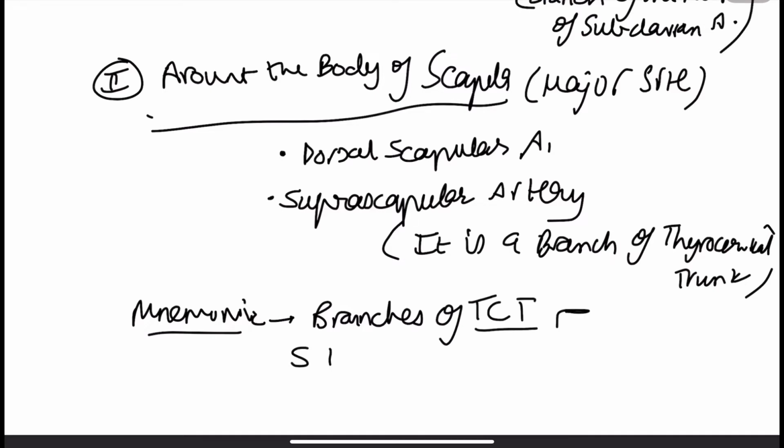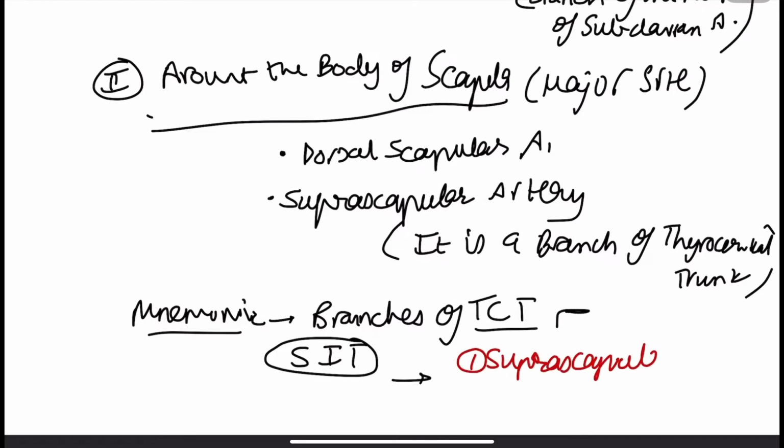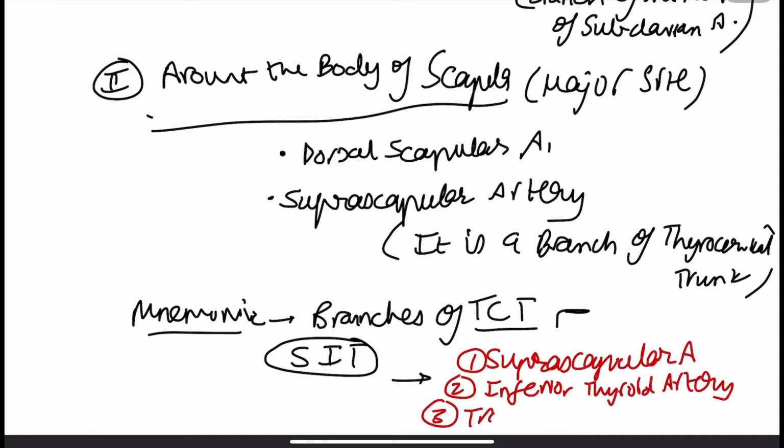So remember SIT, SIT. S would stand for suprascapular artery. Second, I would stand for inferior thyroid artery. And T for the transverse cervical artery.